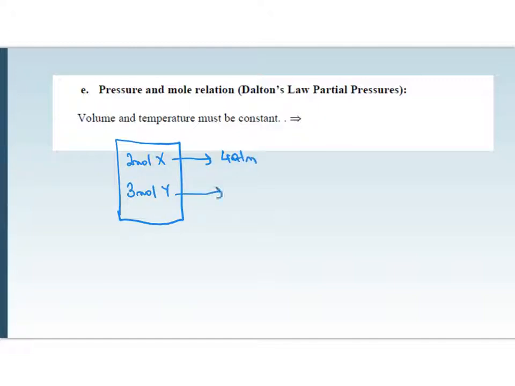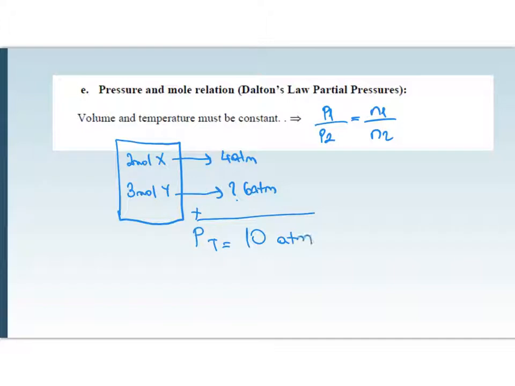So what about 3 moles of Y here? You can guess there is a direct ratio between the mole number and the pressure. If this is 4 atm, then this should be 6 atm. If the total pressure is asked, you're going to just sum them up and find the total pressure of the container.